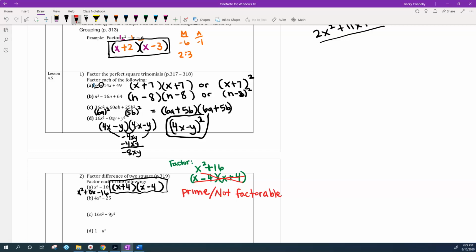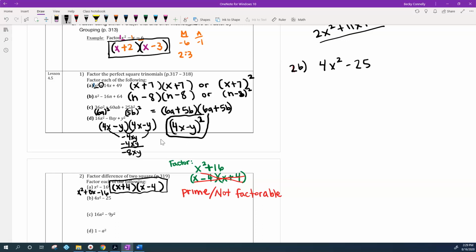All right, let's look at part B, because this one sometimes can be a little bit tricky looking at this. Maybe I'll put it over here. So let's see here. So 2b says 4x squared minus 25.